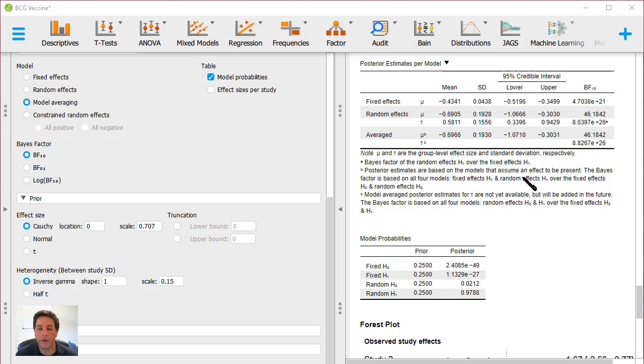As we saw in other analyses, what you can do with Bayesian analysis is a combination of different models. So here is an estimation of the effect size based on fixed effects. Here is the overall effect size. We've got the random effects overall effect size, which is different.